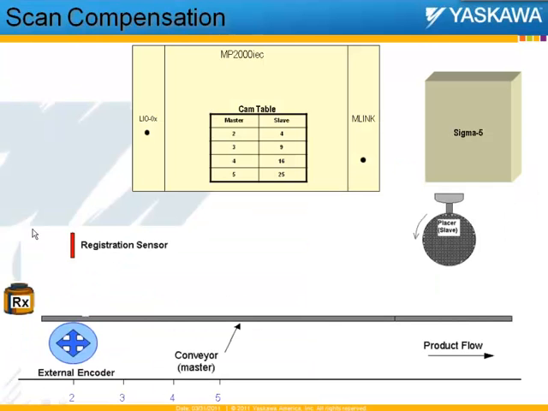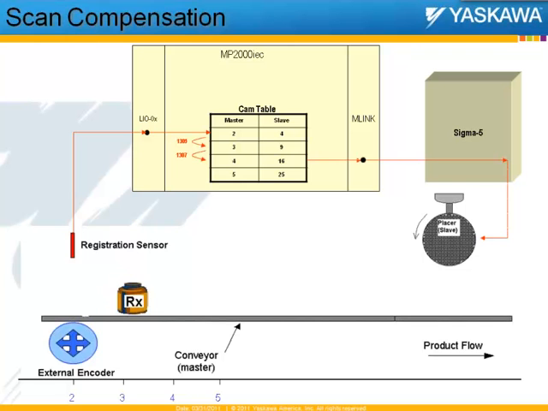And here's an animation of how this compensation helps in our application. The product comes through in registration, the signal goes through, and you have a scan compensation 1305 for the delay in this communication. We also anticipate compensation in the forward direction and make sure that 1307 takes care of that compensation, and so the slave is ready for the position of the master.